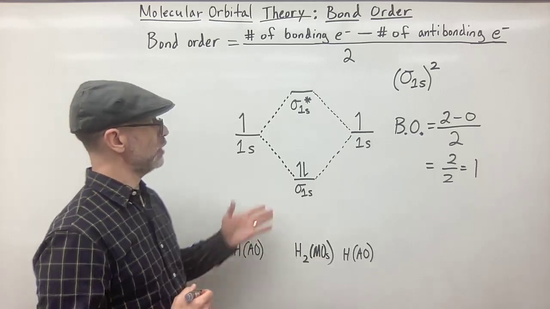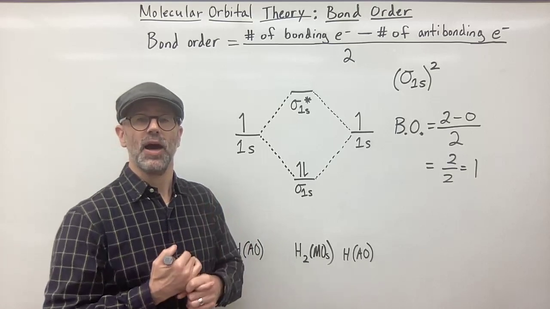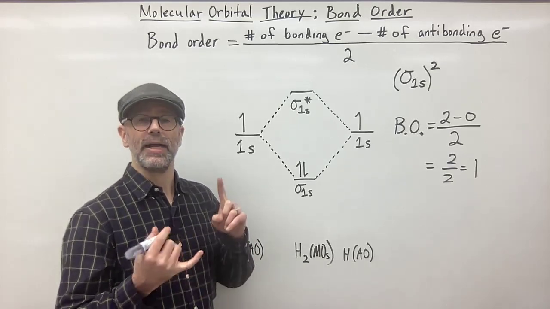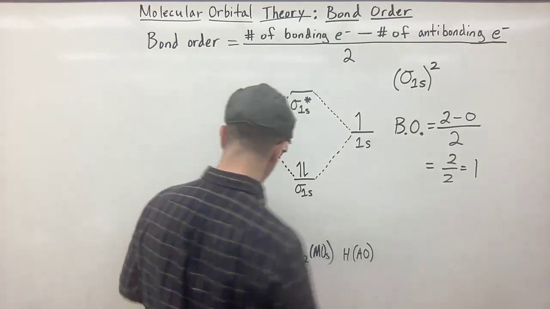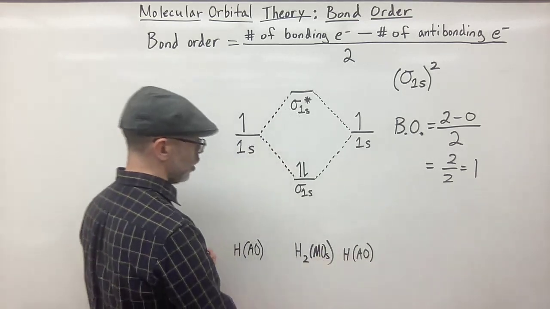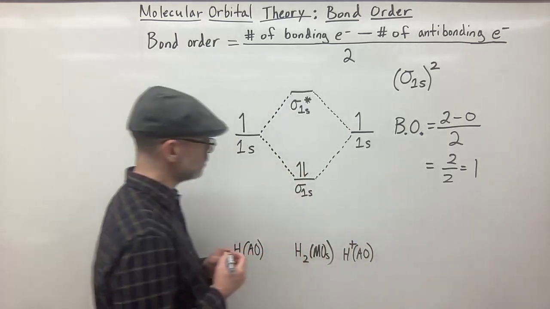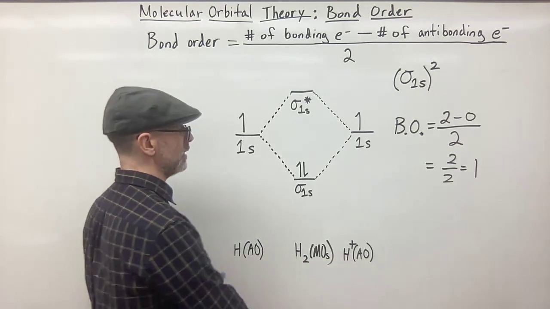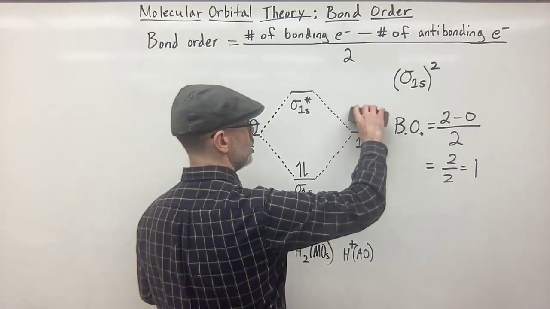Okay, now we could do this with other combinations. We can do this with ions and other molecules. So instead of having hydrogen plus hydrogen, we could change one of these to an ion. This would be an H plus ion, which means it lost an electron.